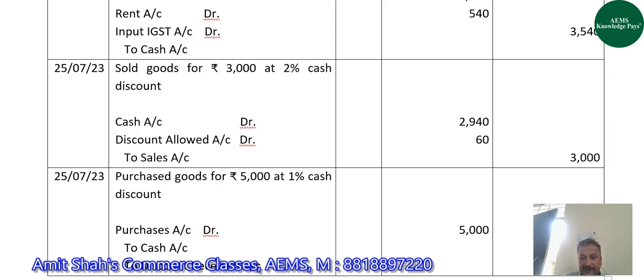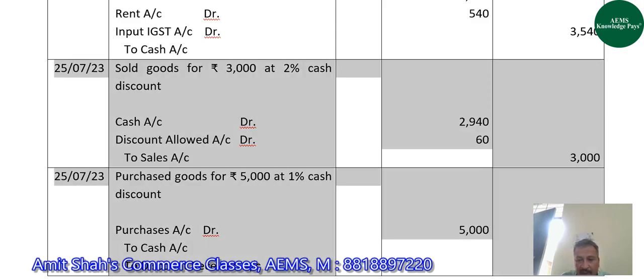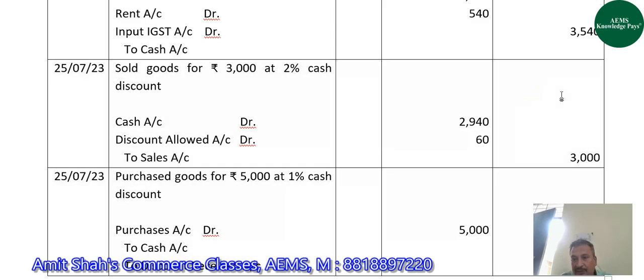The purchase is 5,000, cash is 4,950, and discount received is 50. So note down this also, guys, and that's it for today. We will continue this tomorrow, the ledger part.